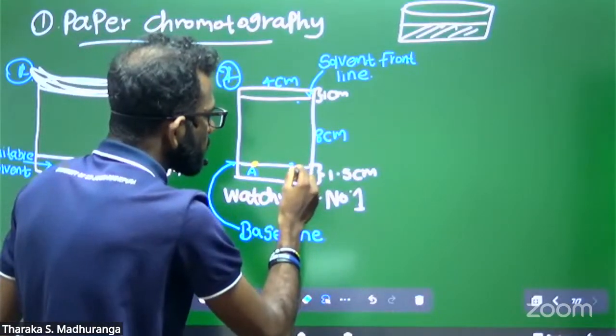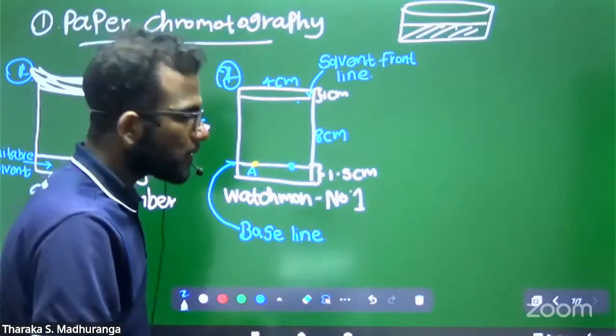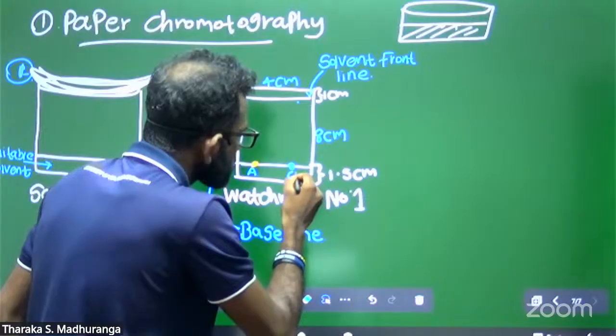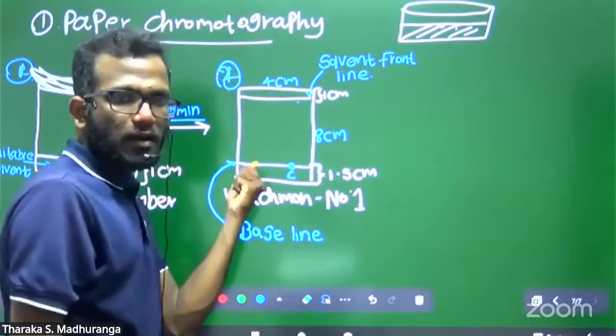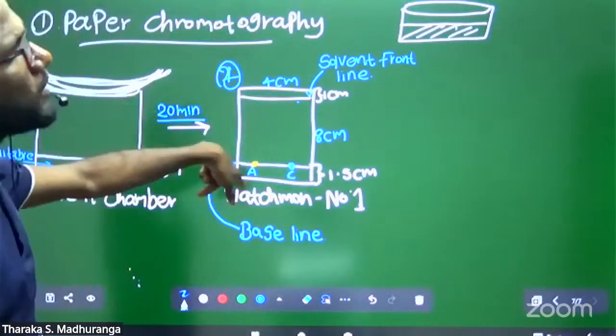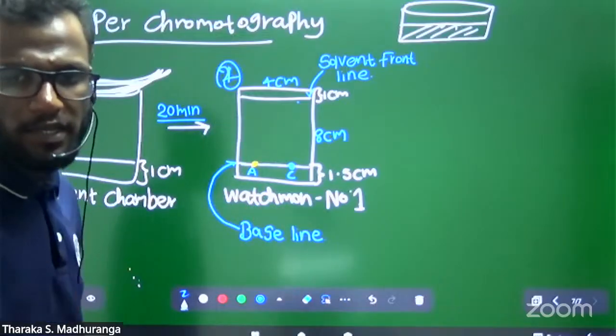Then we prepare another point, another sample. That is a control sample.